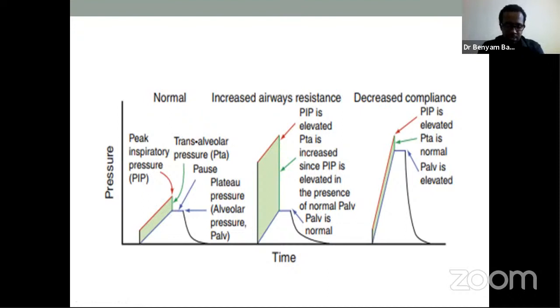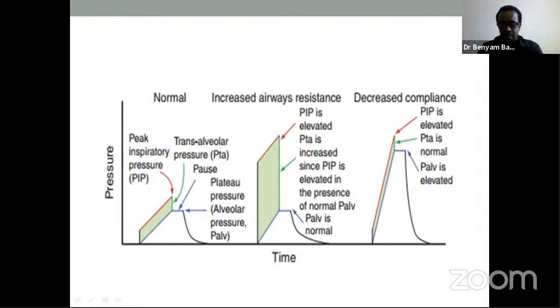Whenever we have airway resistance, the initial elevation of the wave will be elevated and peaked. So peak inspiratory pressure will be high, the transalveolar pressure is also increased, but the alveolar or plateau pressure is not changed.